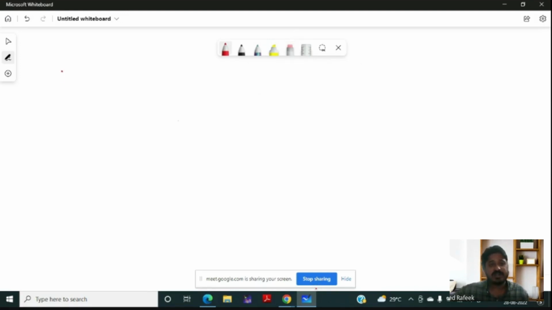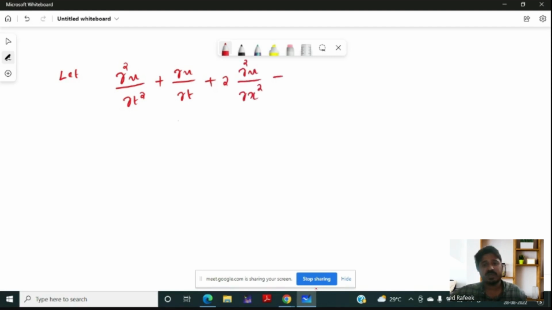Given that, here it is given that dou square u by dou t square plus dou u by dou t plus 2 into dou square u by dou x square equal to 0.